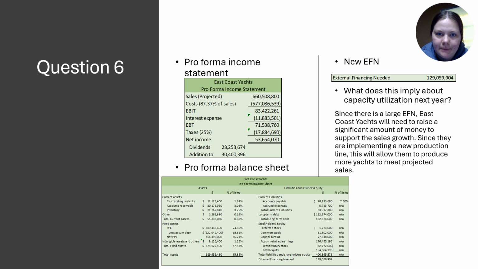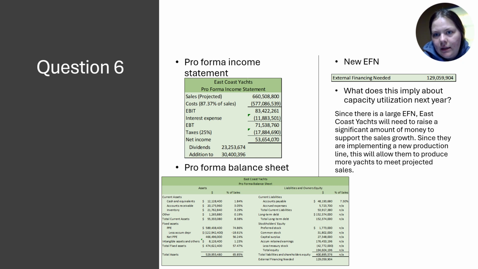Multiplied that by the 87.3% in cost, and got the $577,086,539. I did the same thing with the balance sheet. However, I did add $95,000 in with total fixed assets, which ended up giving me an EFN of $129,059,904.